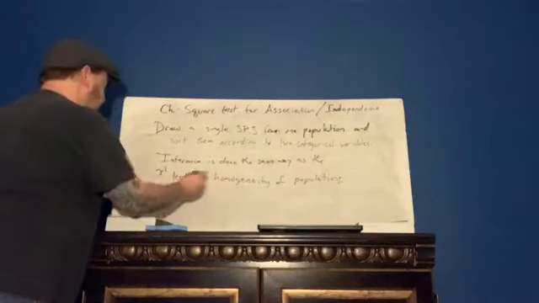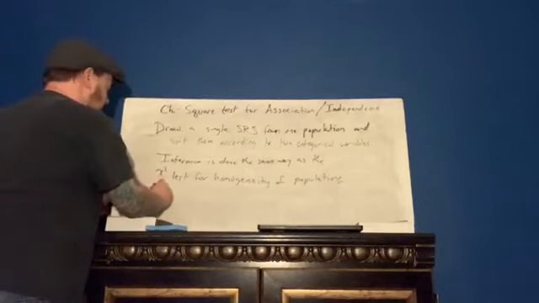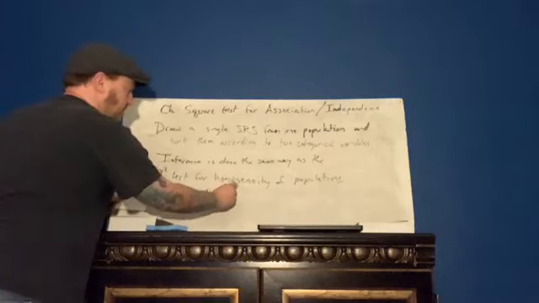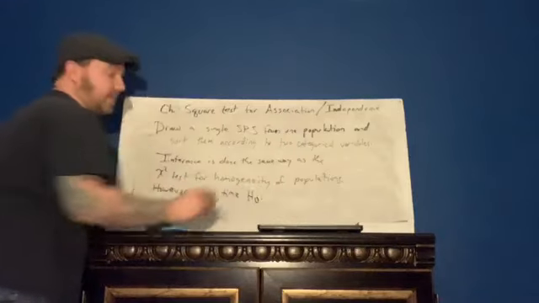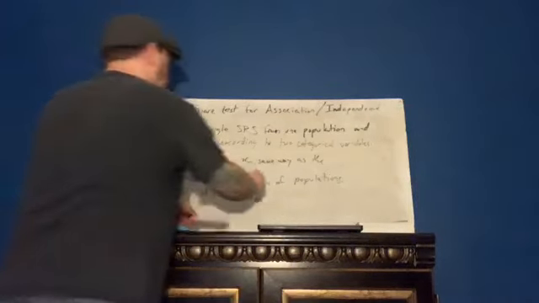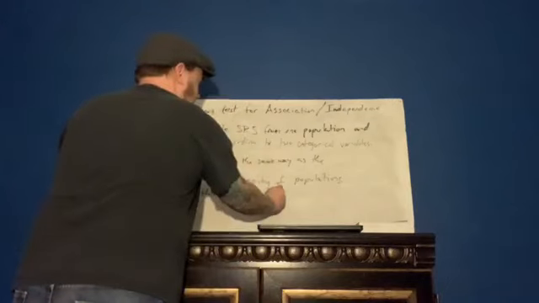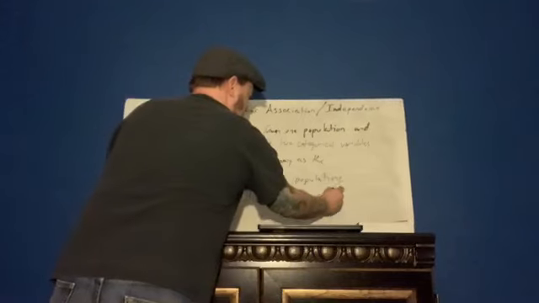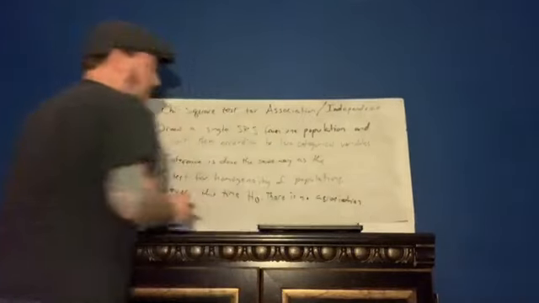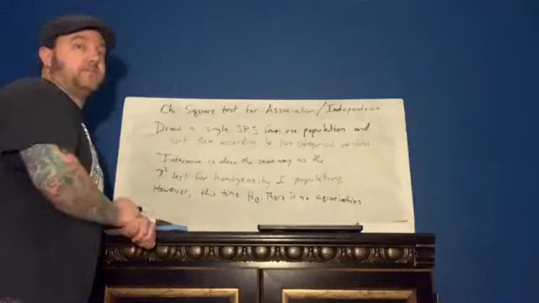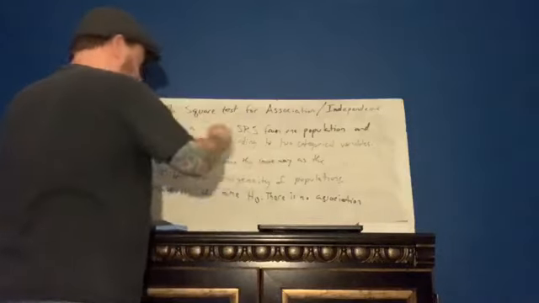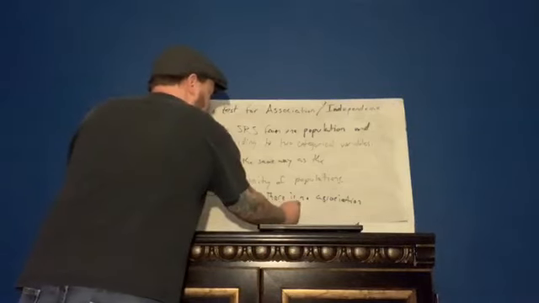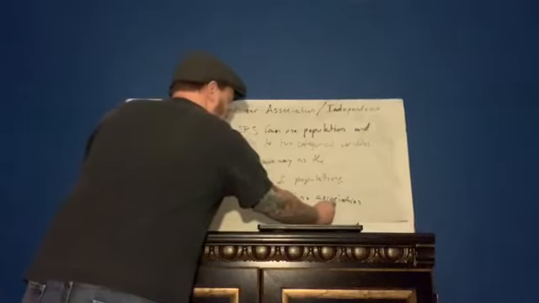So H naught this time is going to be, there is no association, and HA is going to be what? That's right, there is some sort of relationship, there is an association.